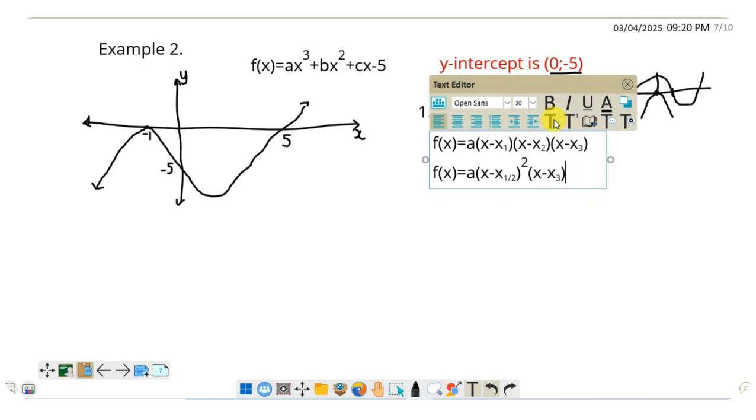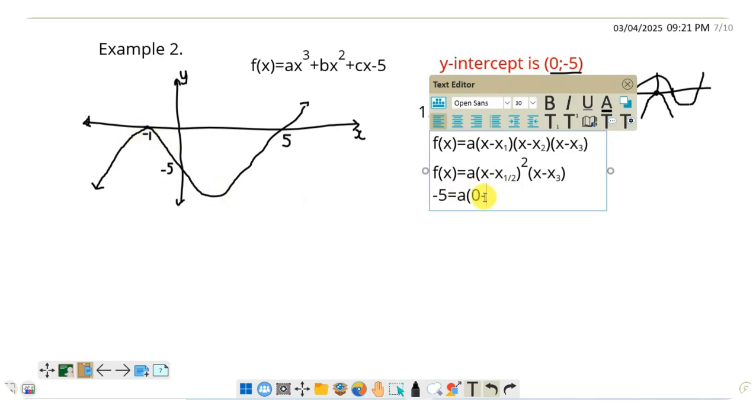Okay, so let us substitute. We use the y-intercept, y is 5, equals a times, x is 0, so 0 minus x1, x2, which is negative 1.